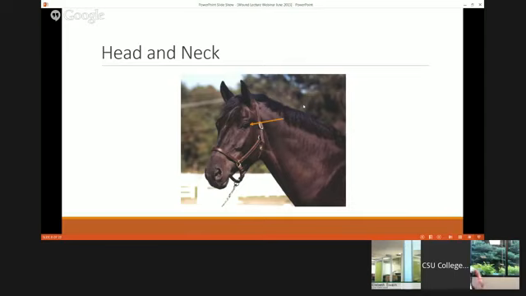So horses have large eyes that sit on the sides of their heads, and they like to explore things with their nose and their muzzle, and so these are a couple of locations that are commonly involved with wounds in our horses.